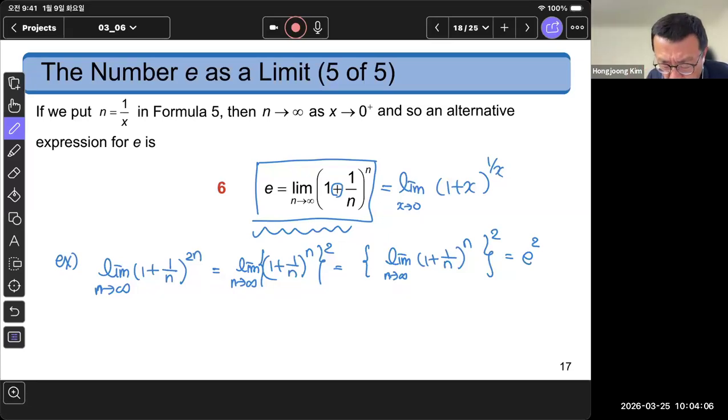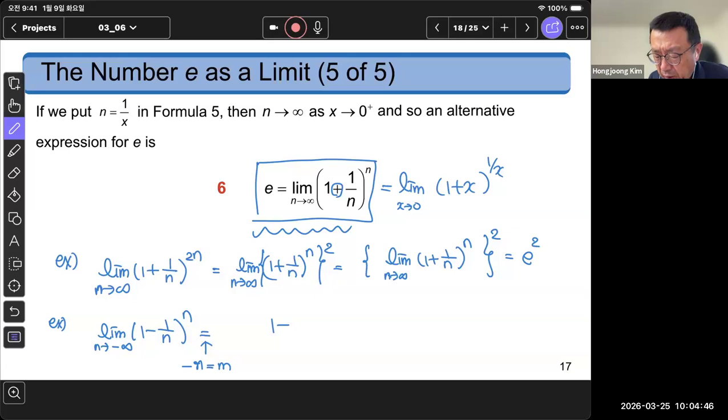Okay. And one more thing, I have a plus sign here. Another example, if I have the limit of (1 minus 1 over n) to the n, and then if I let n go to negative infinity, then when I replace negative n with m, instead of 1 minus 1 over n, I have 1 plus 1 over m, and n will be negative m, and then the limit considers the case when m goes to infinity.